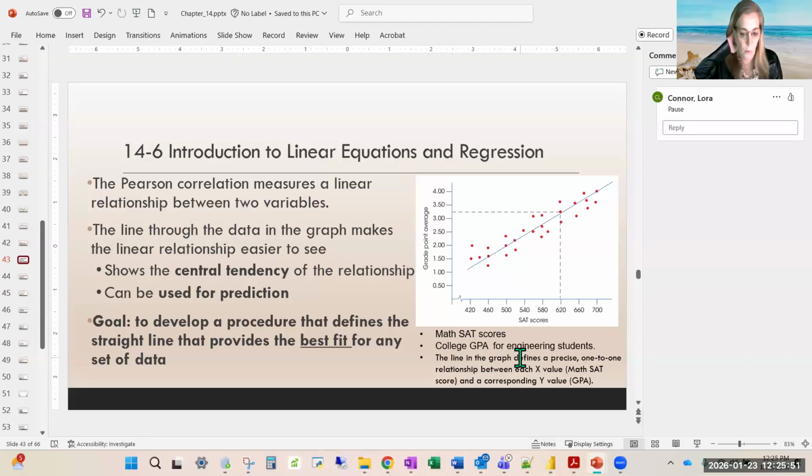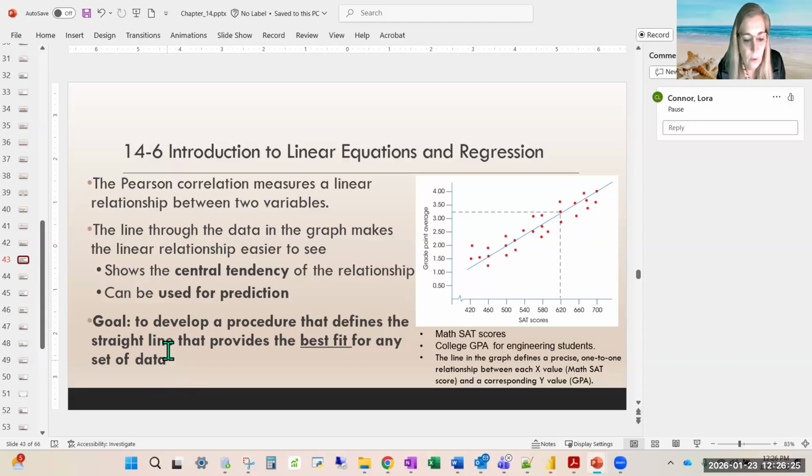They're asking to come to my school, and I know their SAT scores. So I can use their SAT scores to predict what their grade point average would be in the future. So that's the difference here, where correlation helps us find how strong a relationship is between 2 variables. Now we're using a little more complicated analysis to be able to predict scores.